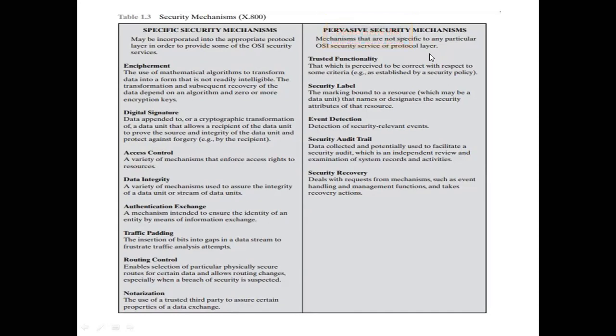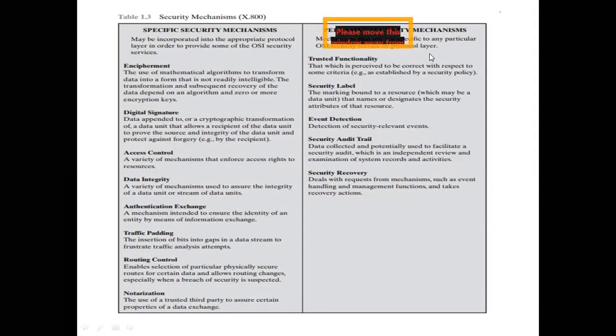The first one, the specific security mechanisms, is related to the ISO-OSI layer architecture. So it is completely based on the ISO-OSI protocol layer mechanisms: encipherment, digital signature, access control, data integrity, authentication exchange, traffic padding, routing control, and notarization.